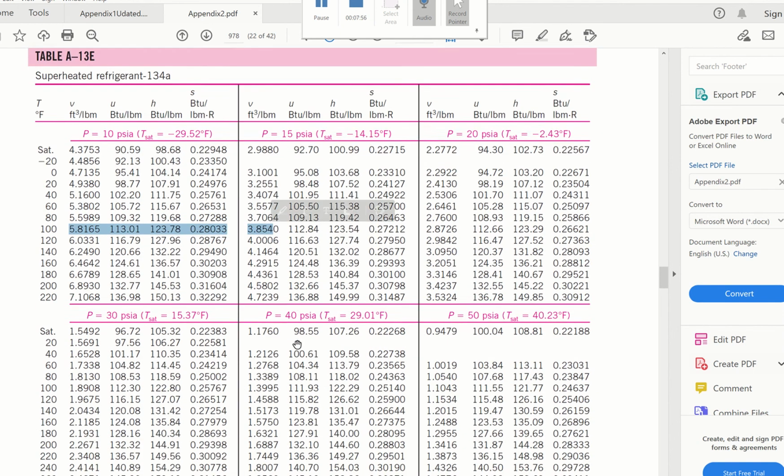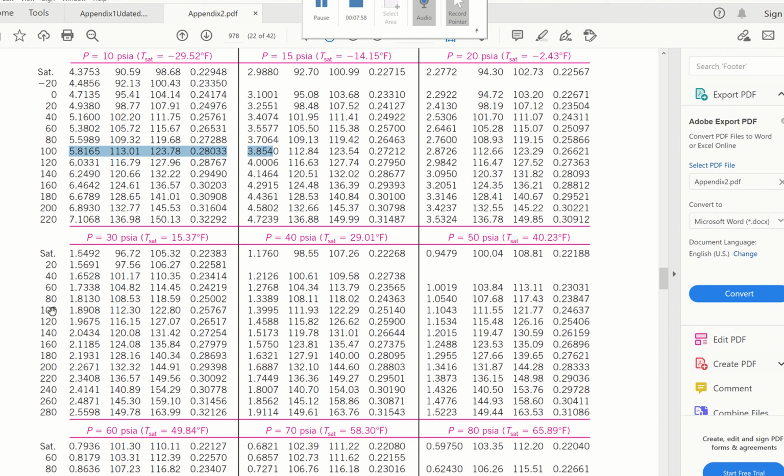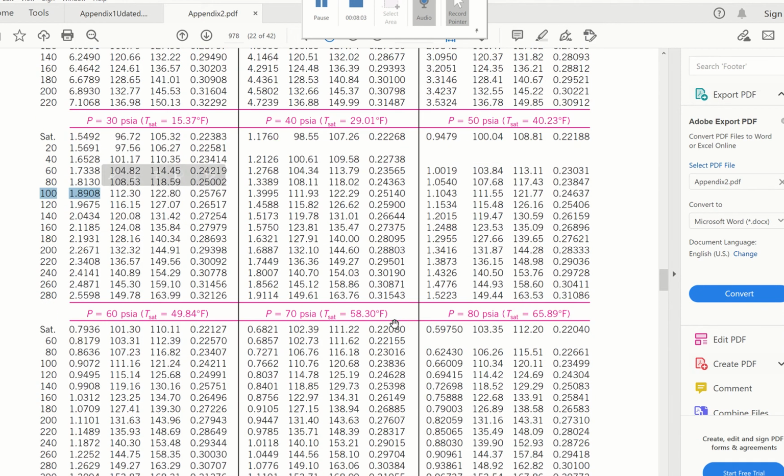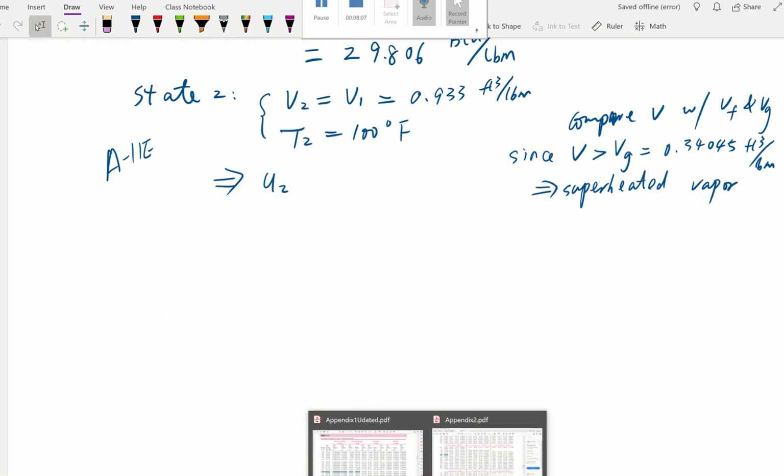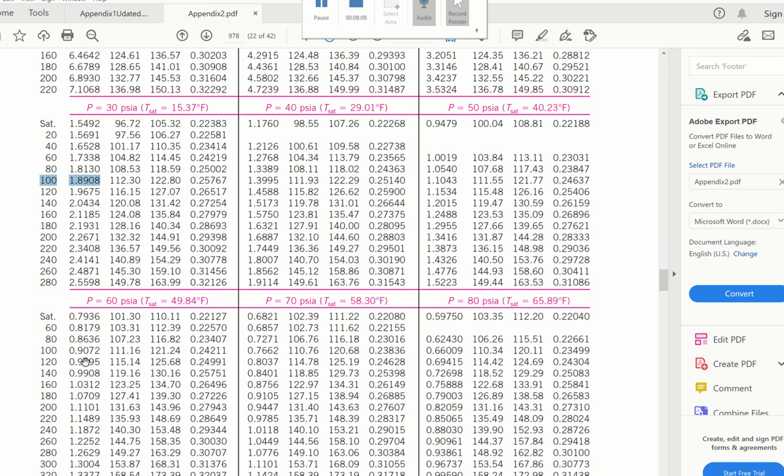So I'm going to scroll down and see if it's getting close. This 100 here is 1.8, ours is 0.933. So remember this value here, 0.933. Okay, here it's getting close.